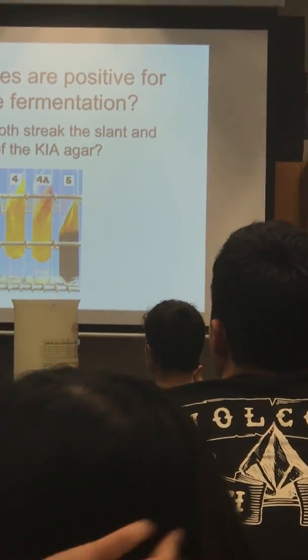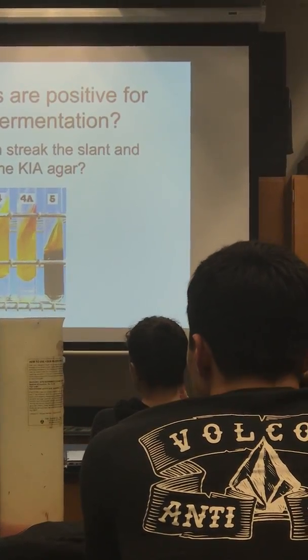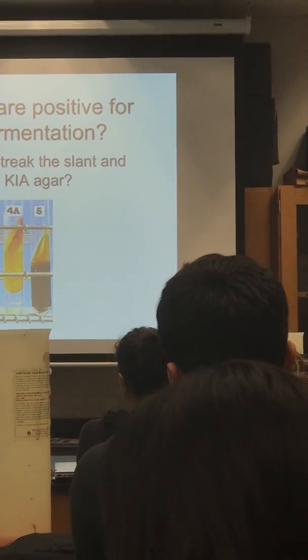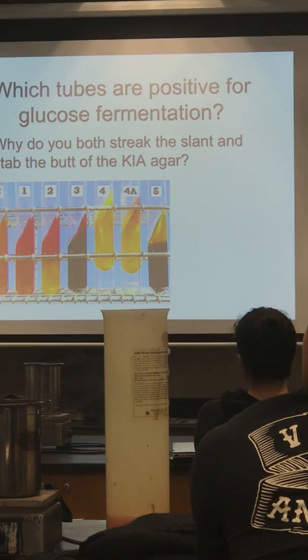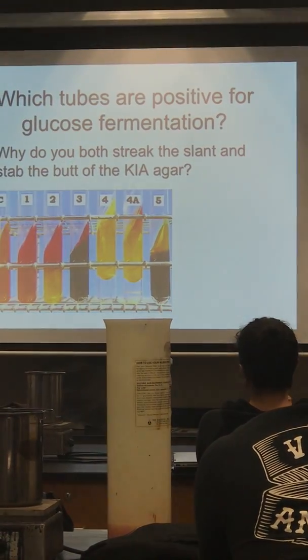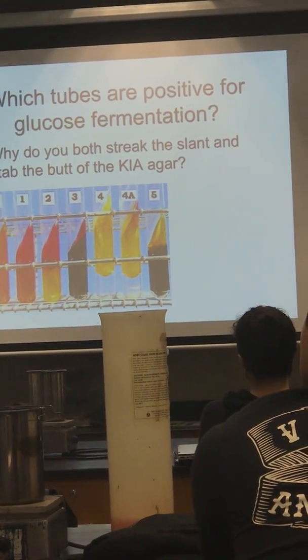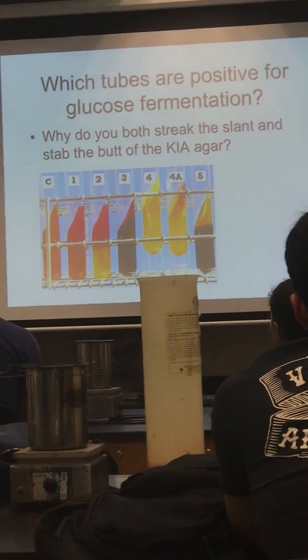If you remember from lecture, with catabolite repression, organisms use glucose before they use lactose and don't turn on the genes for lactose until the glucose runs out. So they begin to use the glucose, and by using the glucose, they're going to produce acid and turn the tube yellow.